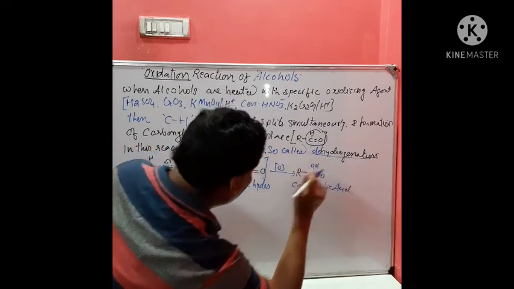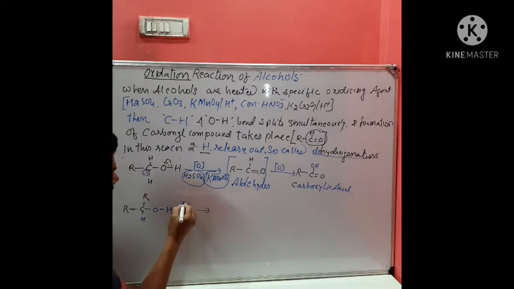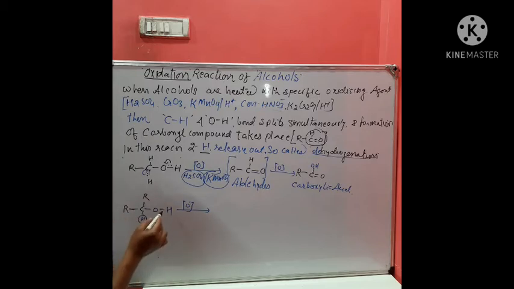Carboxylic acid will take place. But if we take a secondary alcohol, that means R, this is C, one more R, and this is hydrogen. And now O, and now H. So on oxidation, using any oxidizing agent, one of the hydrogens from the alpha carbon and one of the hydrogens from the OH bond will simultaneously be released.